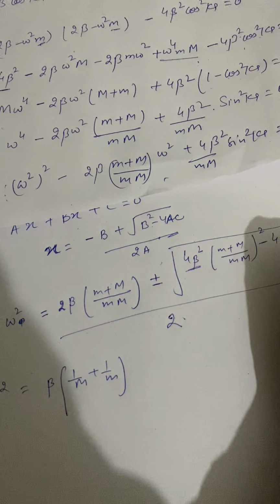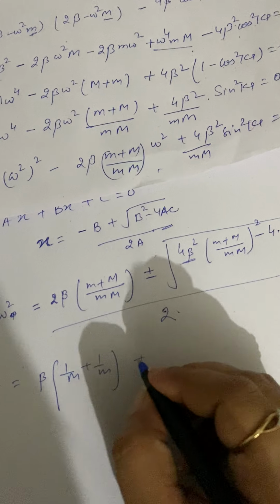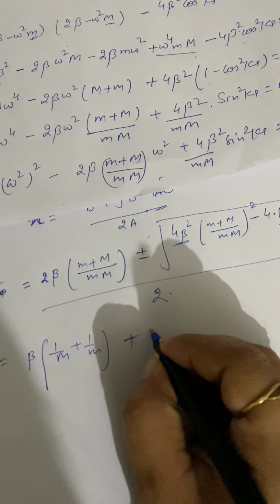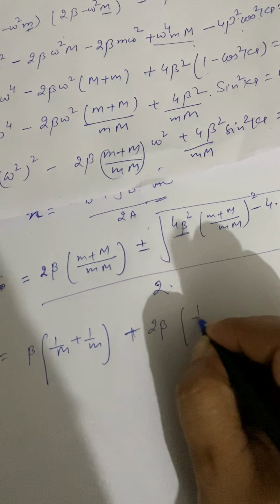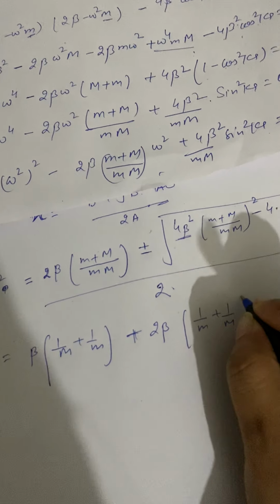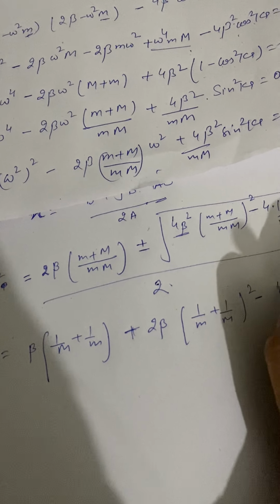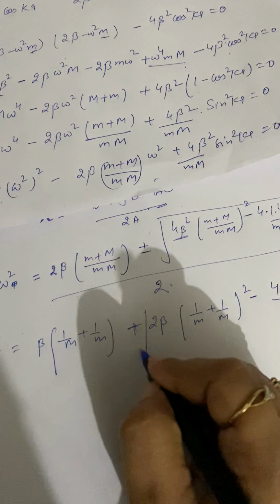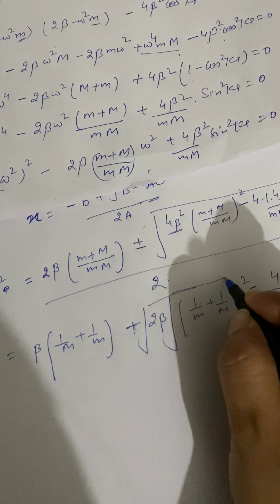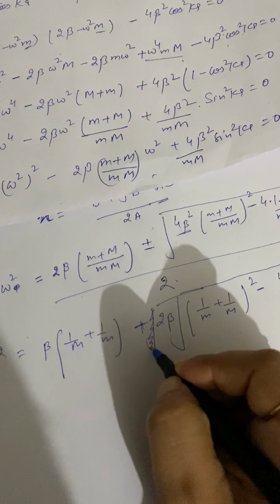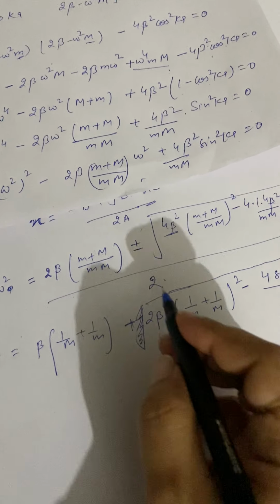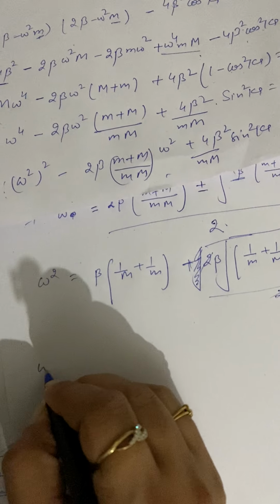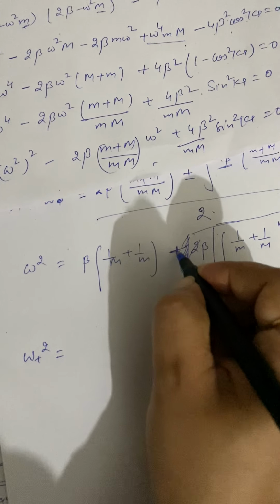By taking common 4 beta square, when we take it outside of the root sign, it will become equal to beta times (1 by m plus 1 by M) plus minus the root of (1 by m plus 1 by M) whole square minus 4 sin square ka divided by m M. Here it is also divided by 2, so the 2 here will be balanced. So the value is here plus minus sign.